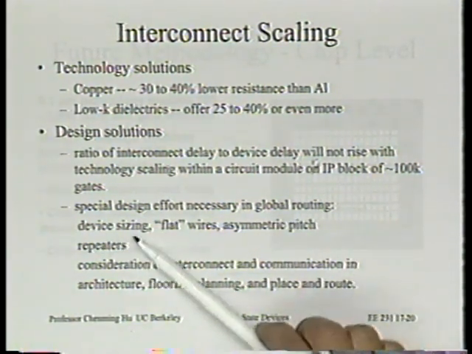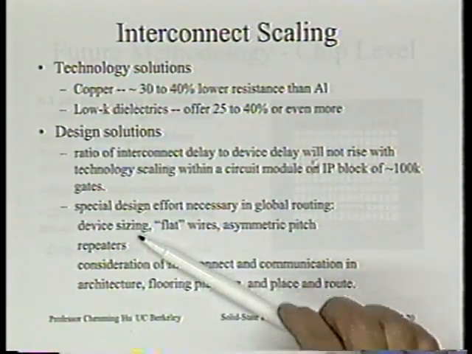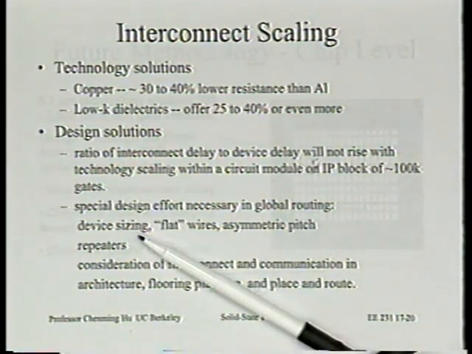There's the device sizing. So today, at the beginning of today, we talked about the optimum size for WN, WP, is that right? Right? Okay. So if you really want to drive a very large interconnect, you're going to use some very large transistors. You're not going to use very small transistors to drive a large long line. So if the transistor is very large, then you cannot say the transistor capacitance delay is not important. All right?